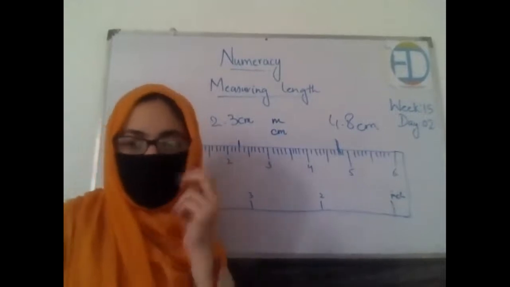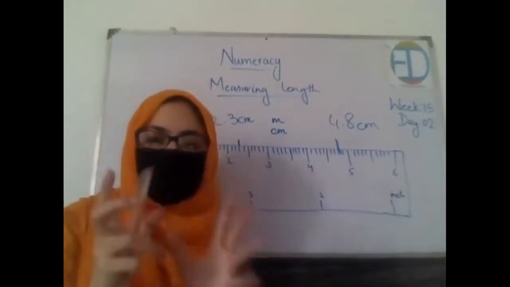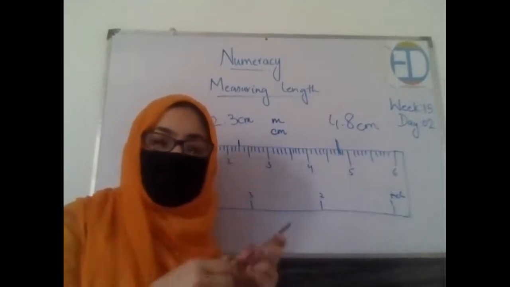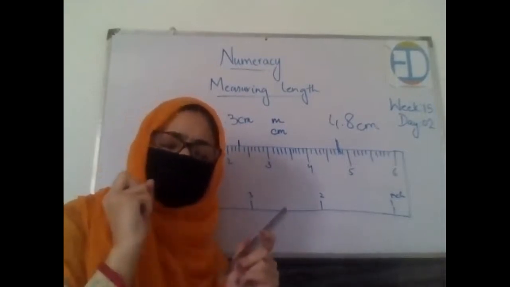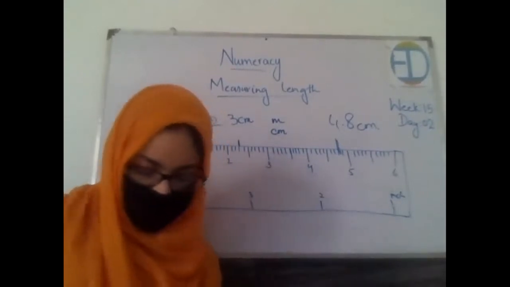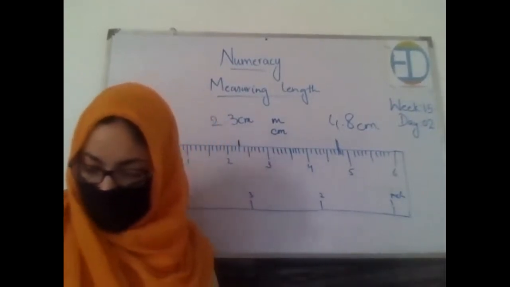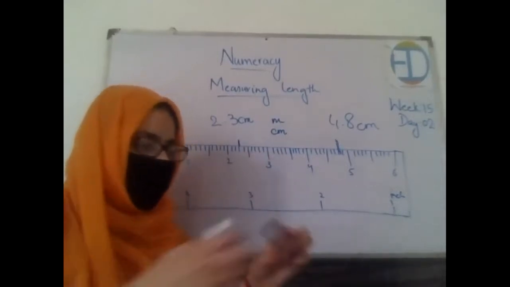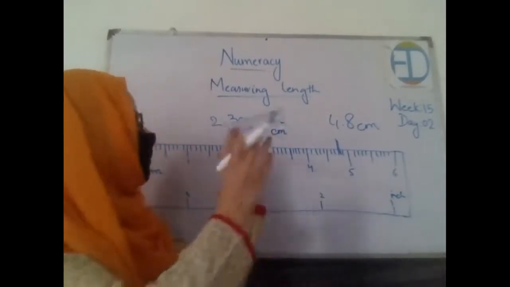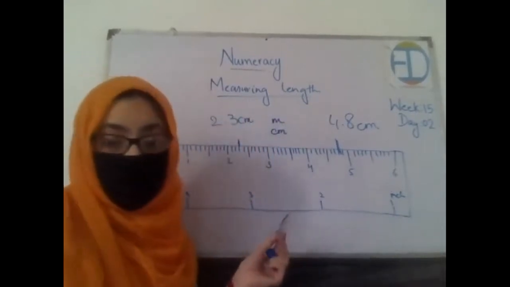Now there are two things. One thing is that you have the object and you are supposed to measure the length of something. Second thing is that you are supposed to draw a line of the given measurement. Let's say if somebody asks me to please draw a line of 7 centimeter. All of you have copies; I have the board, so I'll be using the board.